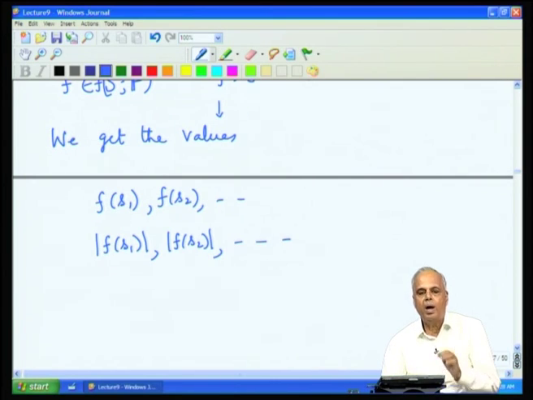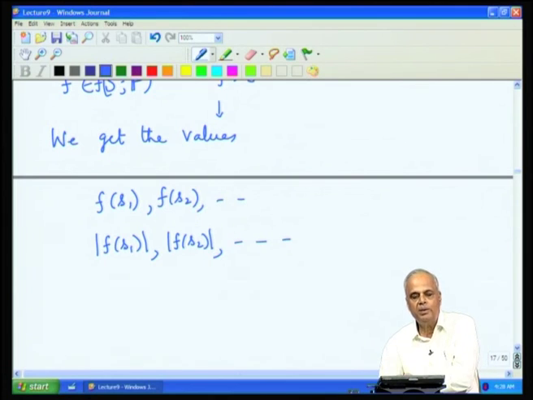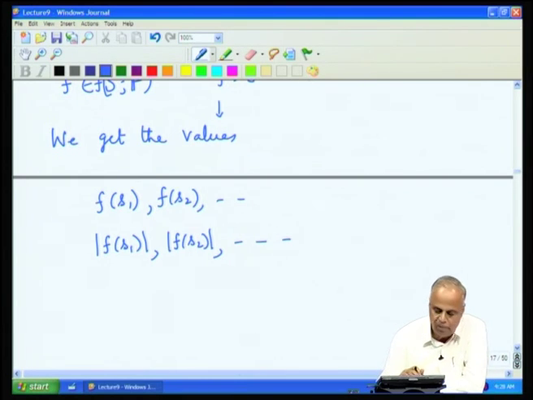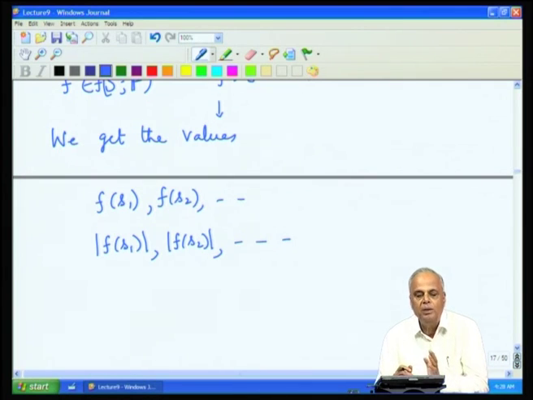Now, if f is a real valued function, f(s1), f(s2), f(s3) are real numbers, but they can be positive or negative real numbers, but once we take modulus we get only non-negative real numbers. If f is a complex valued function, f(s1), f(s2), f(s3) will be complex numbers, but when we take the modulus again we get non-negative real numbers.